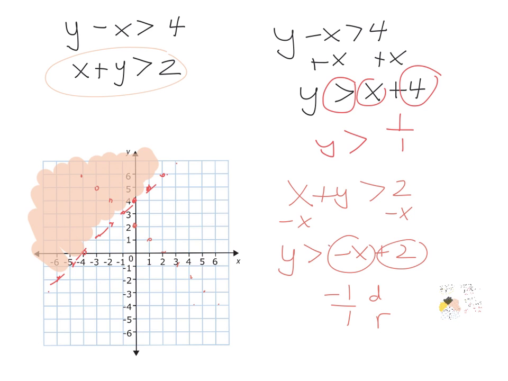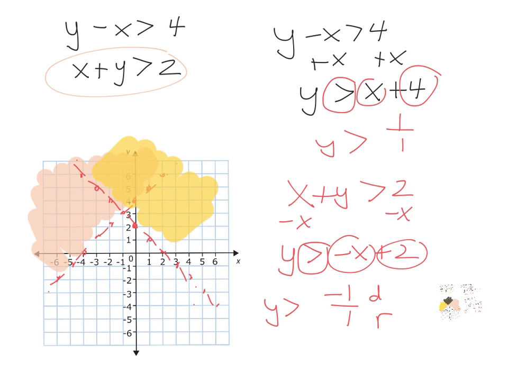I decide dashed line, because there's no line underneath it, and y is greater than is going to be above the line. So I will lightly shade above the line.